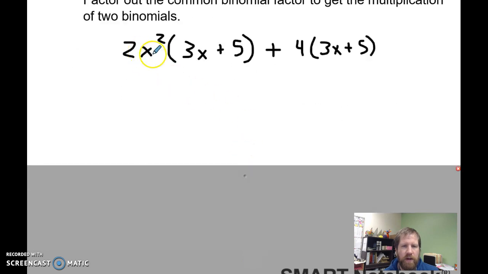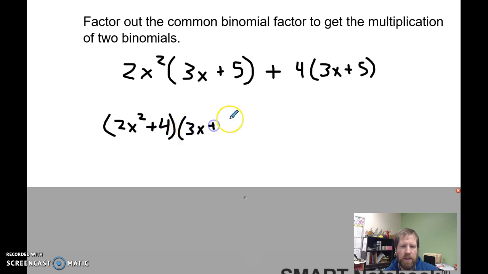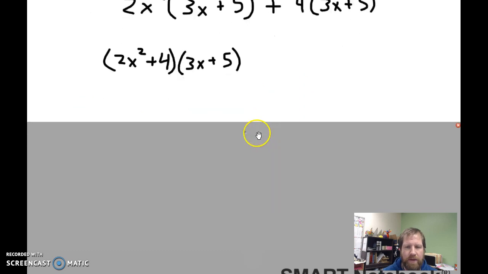So if I've got 2x squared times 3x plus 5 and 4 times 3x plus 5, I can write this as the multiplication of two binomials, 2x squared plus 4 times 3x plus 5. And there I have factored my original polynomial. Basically I've gone backwards from what we did last chapter.